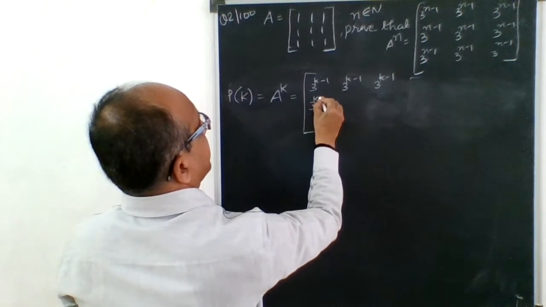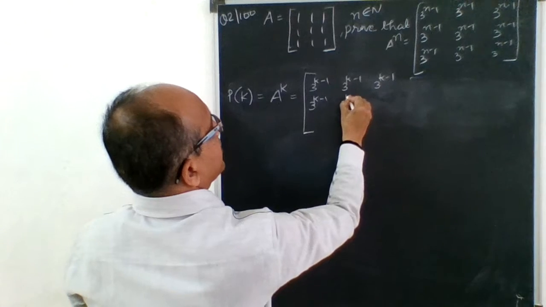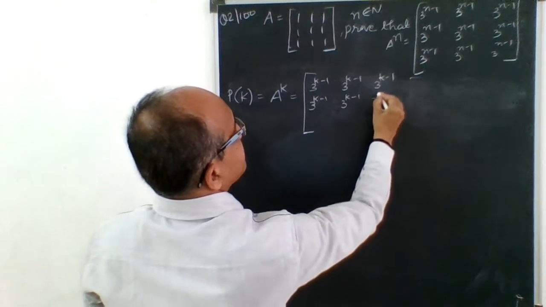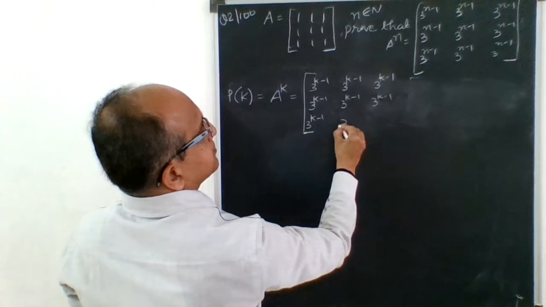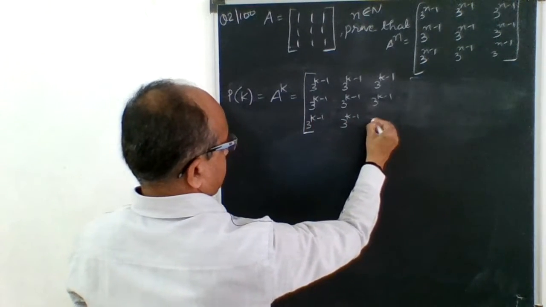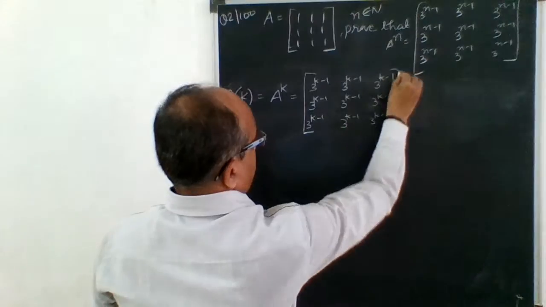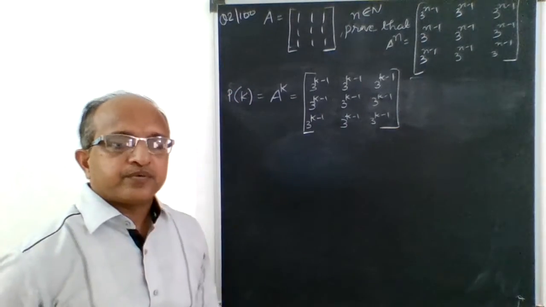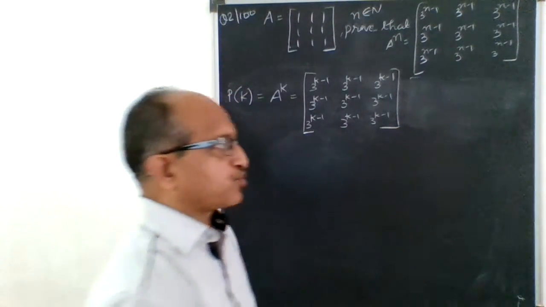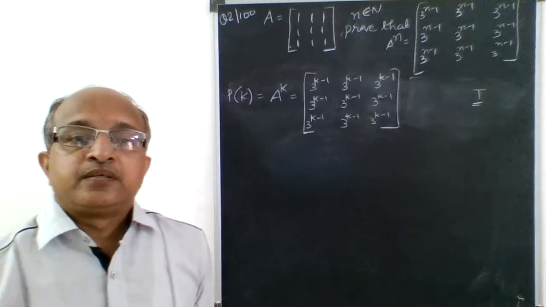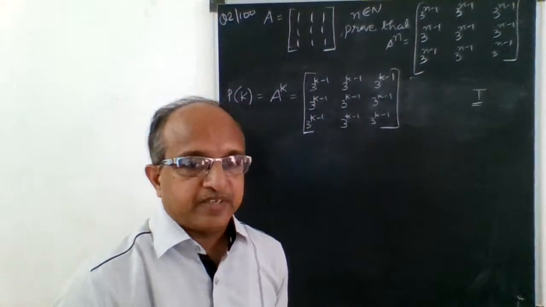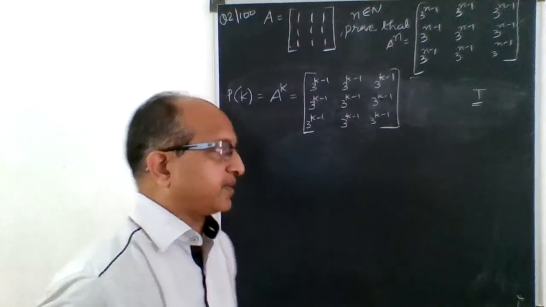In place of n, we write k. Now we consider that it is true for P of k. Now we will check for k plus 1.